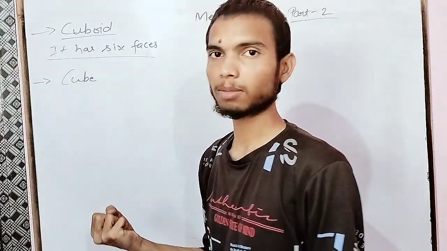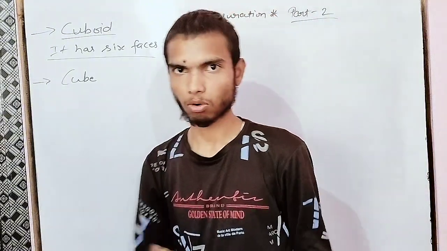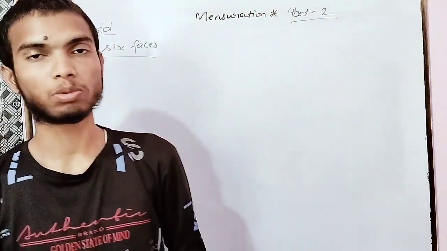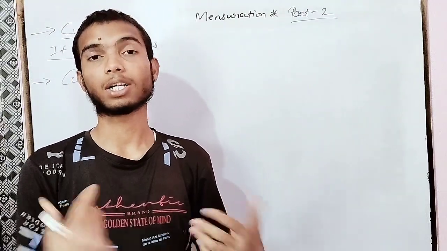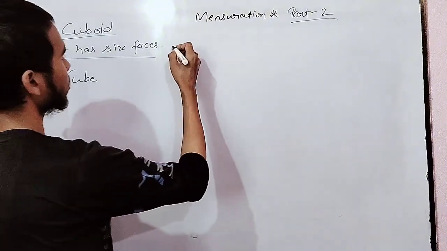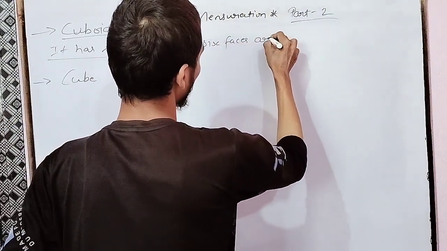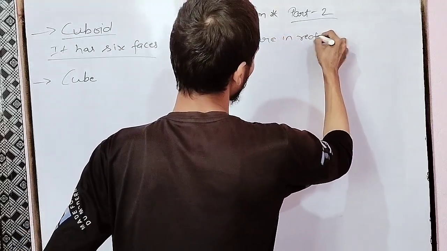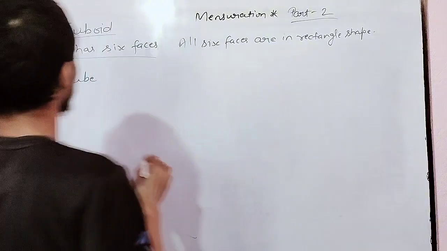But when it comes to the cube shape, all faces of the cube are squares. So in a cuboid all 6 faces are rectangles. Clear?